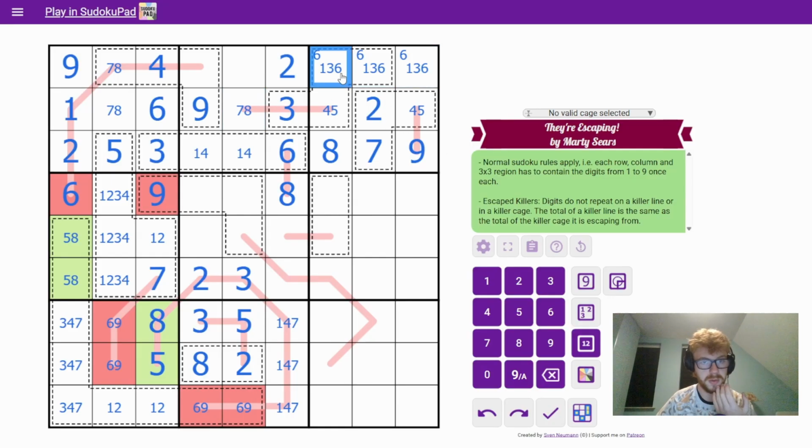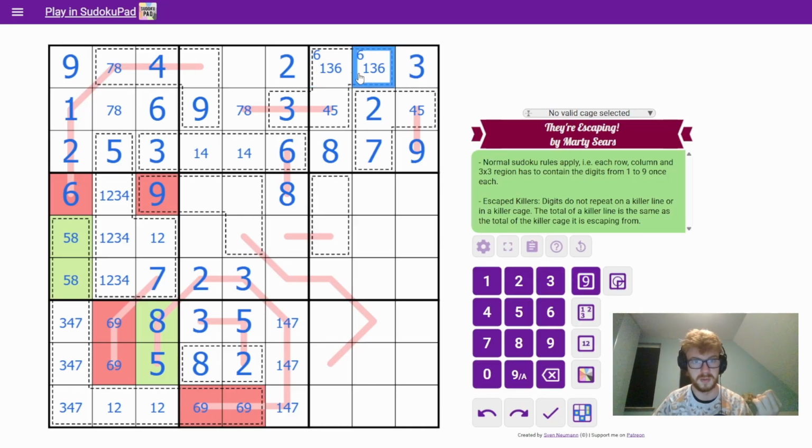So how can you make one of those digits? I can only see 7 with 1, 6. So that must be the case. So that's a 3. That's 3 in the corner as well. With that being a 7. That being an 8. That's a 7.